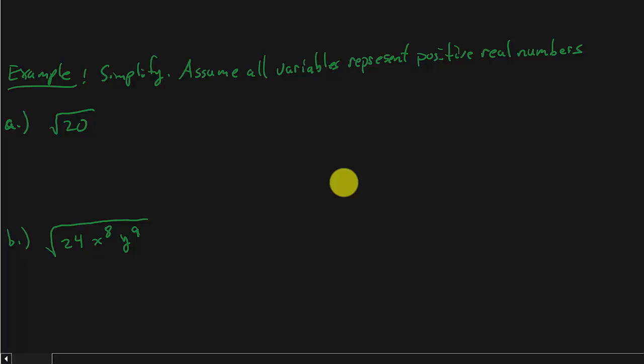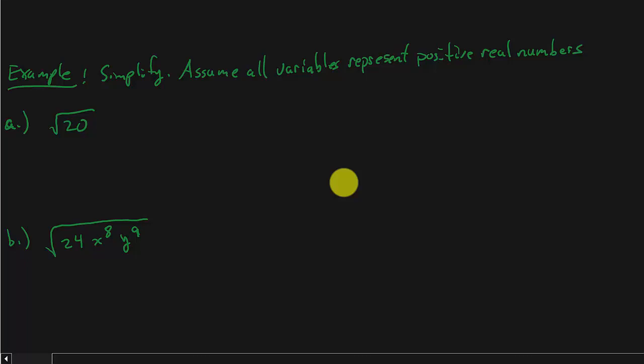You cannot have a fraction under the radical, and you cannot have a radical in the denominator of a fraction. Okay, and then that applies the same for cube roots, fourth roots, fifth roots. So if you have a cube root, the number underneath cannot be a perfect cube, and it cannot have a factor that's a perfect cube. Okay, and then the same applies, no fractions and no radicals in the denominator.